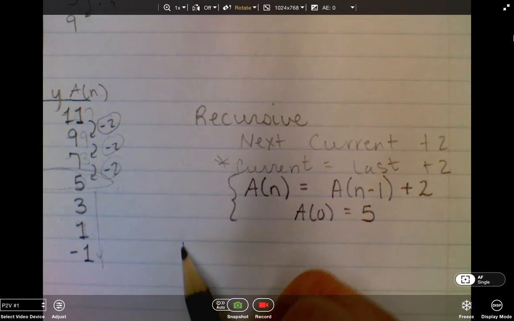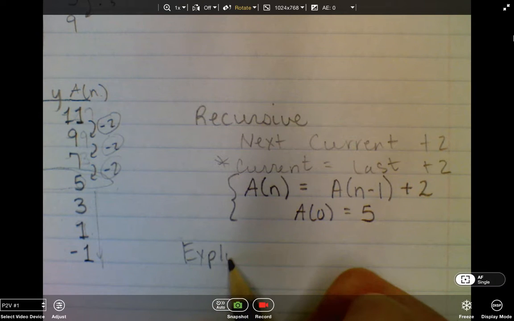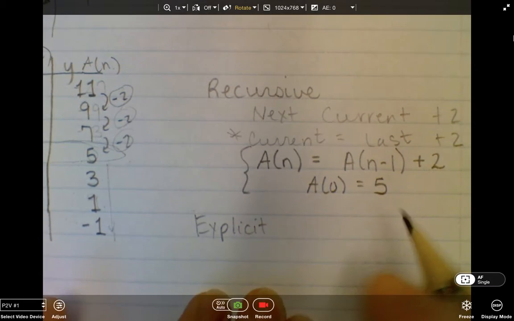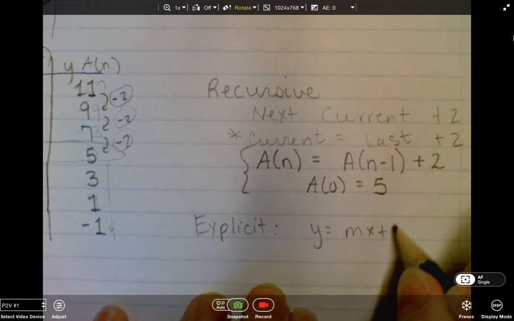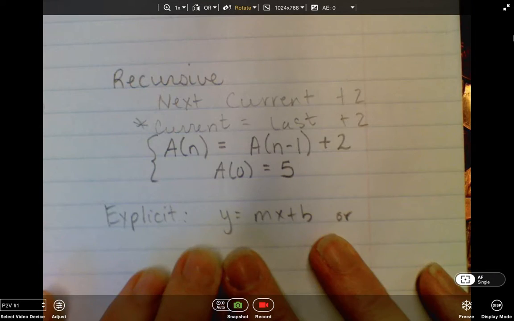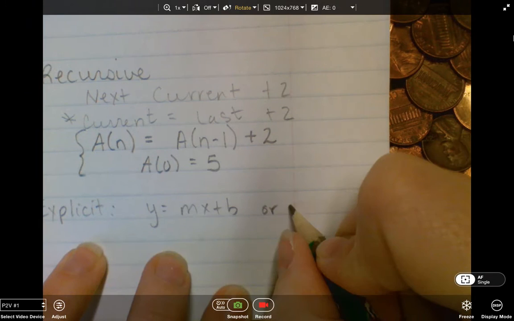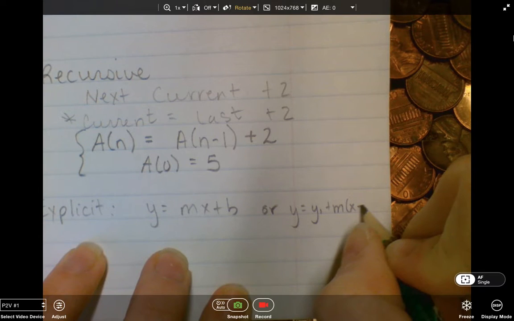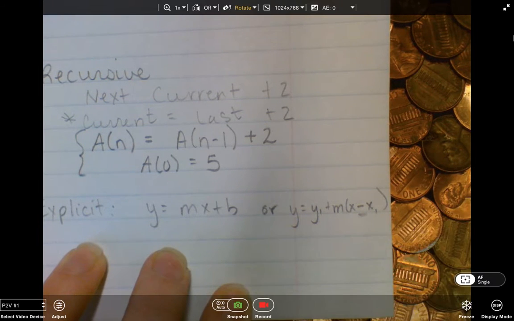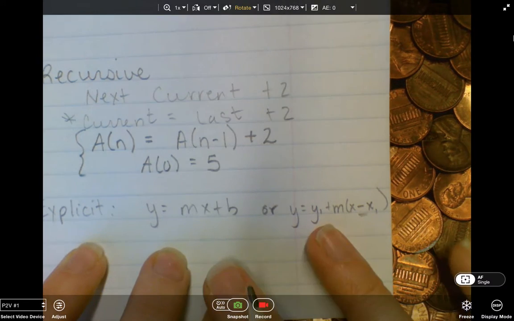Let's do an explicit. So there's a couple of different ways you could do it. You could do y equals mx plus b, or you could do y equals y sub 1 plus m times x minus x sub 1. A lot of you guys forgot to make that minus x sub 1 when you did the quiz.